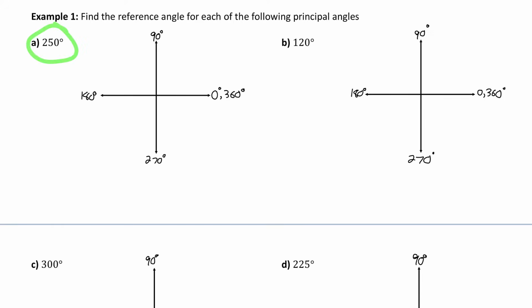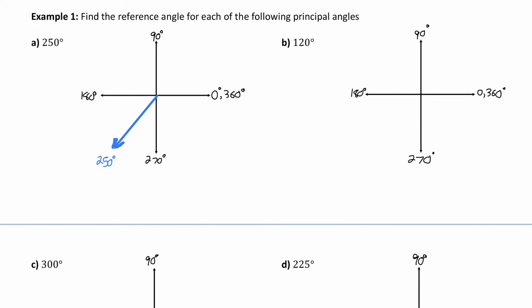For a principal angle of 250 degrees, I know that means that from the initial arm, from the positive x-axis, I go counterclockwise 250 degrees around the origin. That would land about right there. So this angle from the positive x to the terminal arm is 250 degrees. That's our angle theta. I'll represent that angle by labeling at the tip of the terminal arm 250 degrees.